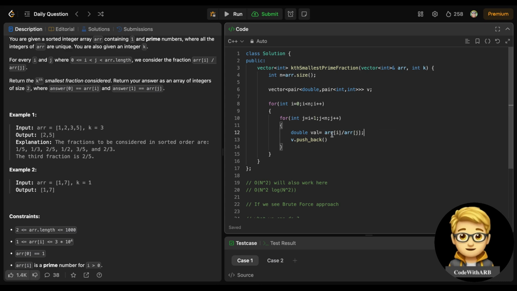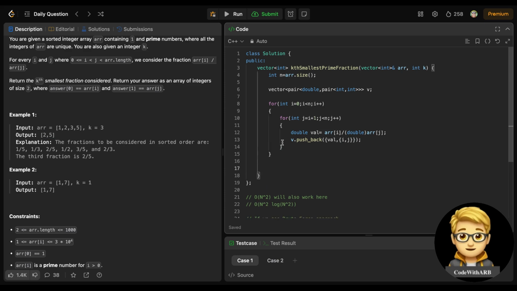So I need to make it double, so that we can compare it, right? So first we will store this value, then the indices i and j which give me this value, right? Because ultimately I need to return the values here, right? So I will return this.